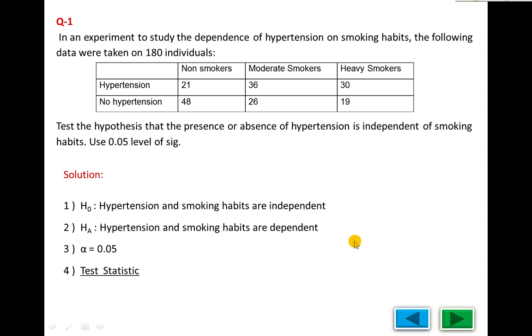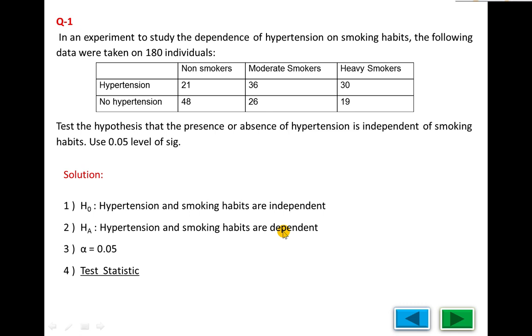So with the help of the test for independence, you can test whether the variables, characteristics, criteria or classifications are independent or dependent. It does not calculate or measure the degree of the relationship, the strength of the dependency.